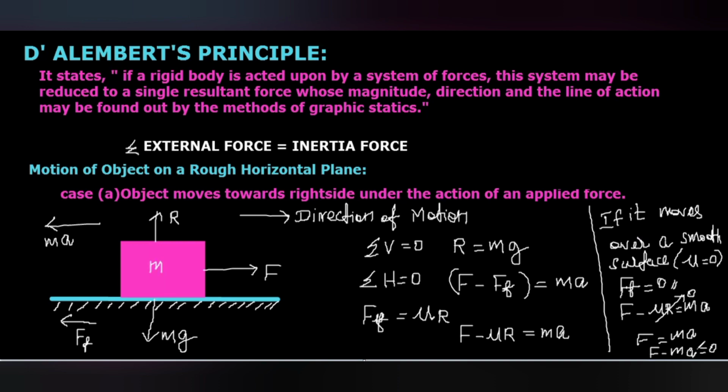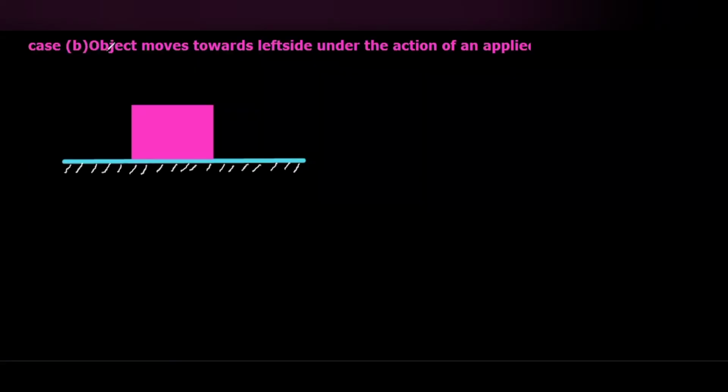This is the analysis of D'Alembert's principle of the object moves over a smooth surface. Case B: object moves towards left side under the action of an applied force.